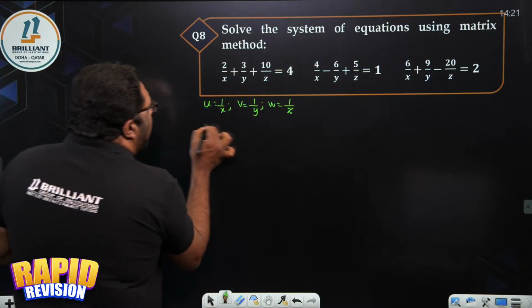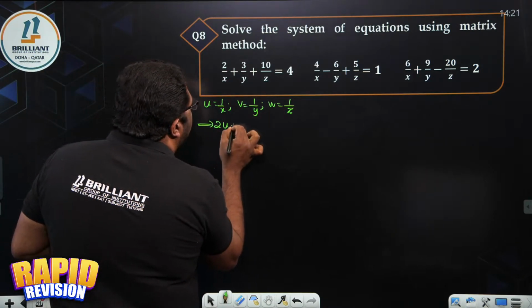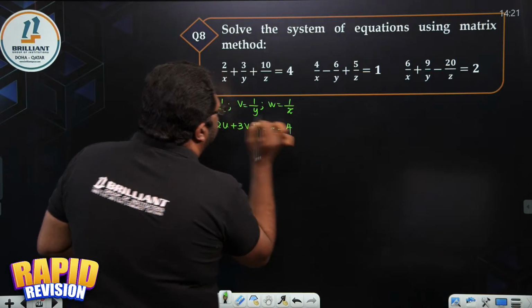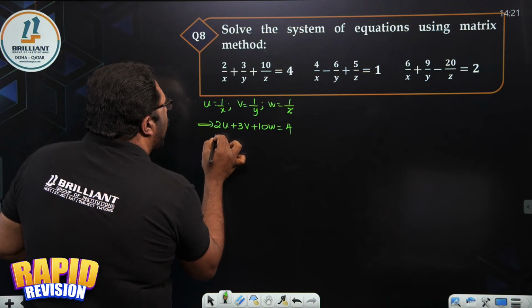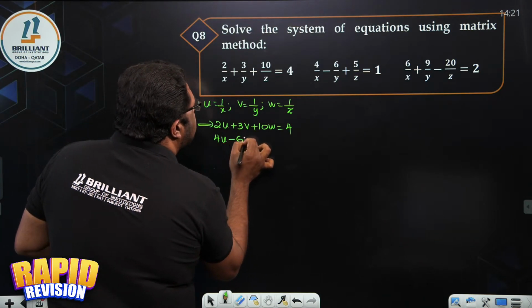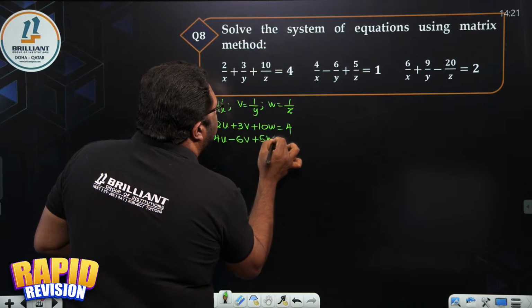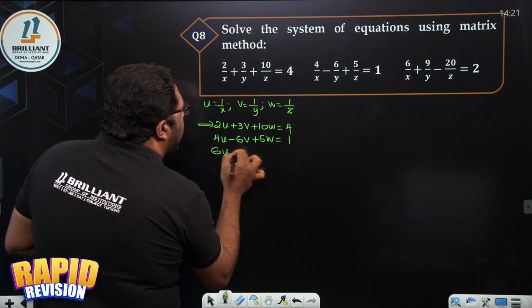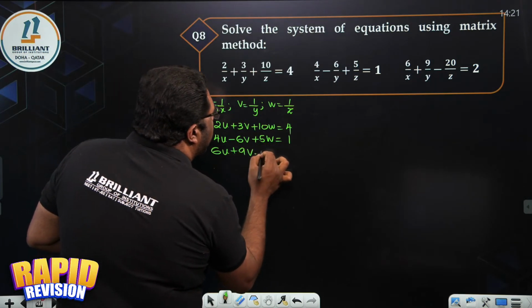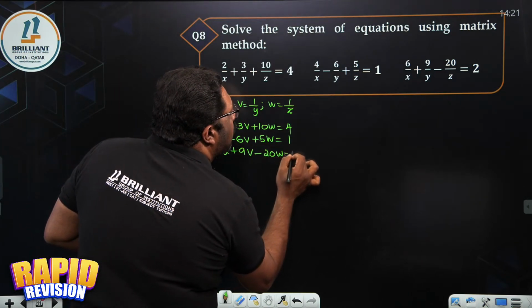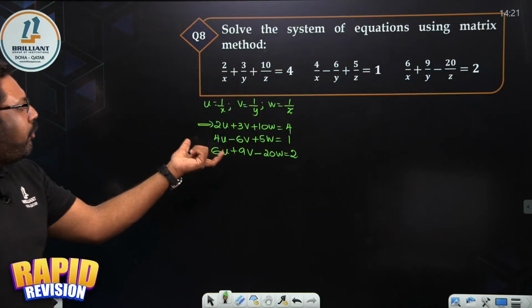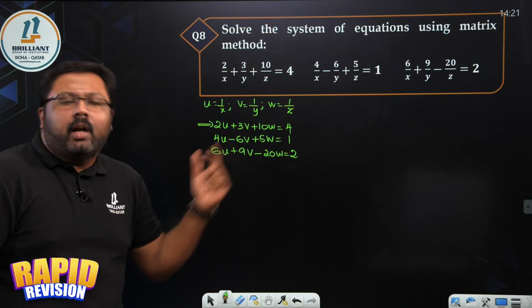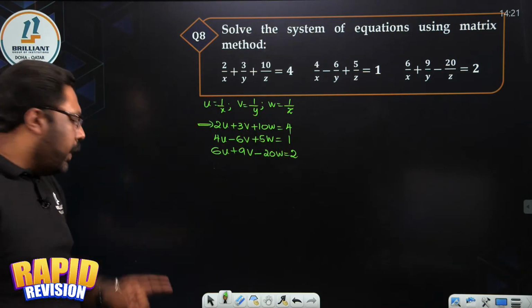And I'm going to rewrite my equation as 2u plus 3v plus 10w equal to 4, and 4u minus 6v plus 5w equal to 1, 6u plus 9v minus 20w equal to 2. Now I have made it into a system of equations with 3 unknown variables in the normal way.